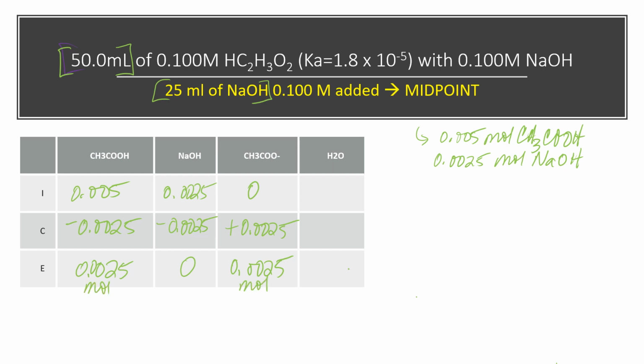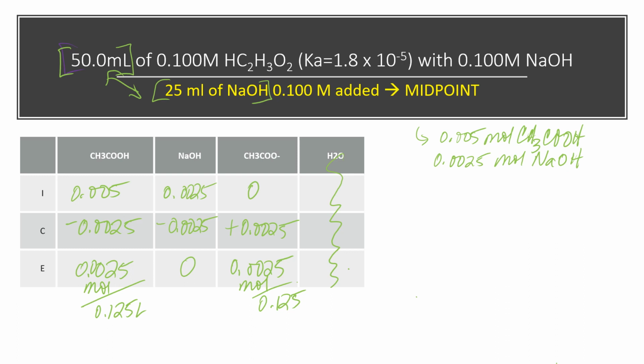Now, technically we could, as before, say, okay, the total amount that we have here, 50 plus 25 is 75 ml, which is 0.075 liter. If we wanted to work in molarity, we could, but we actually don't have to. And I'll let you in on this secret, ignoring H2O once again.